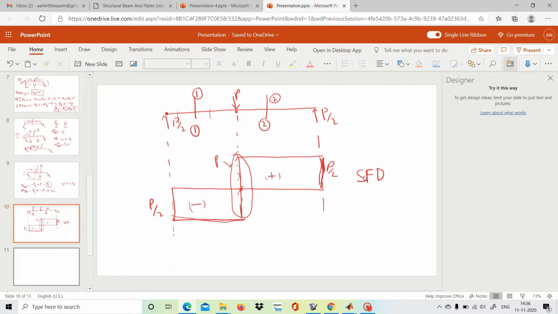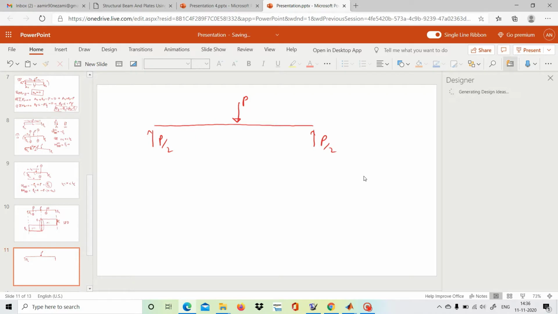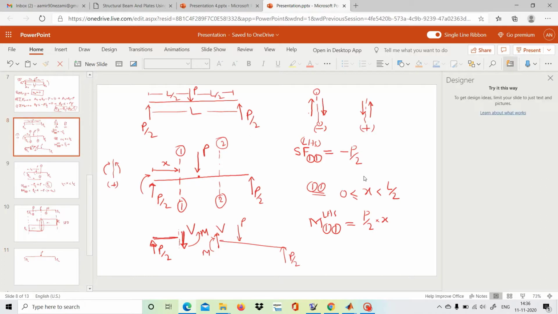Now we will draw the bending moment diagram for this beam. For the section 1-1 we have seen what was the bending moment, P by 2 into X, and it was positive sign.